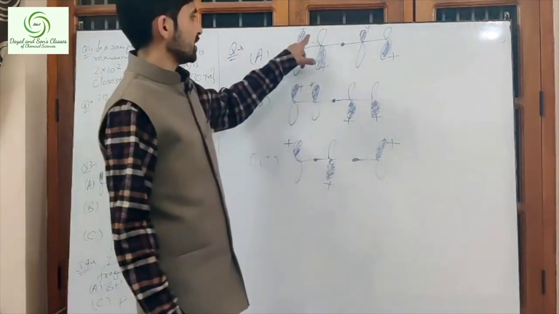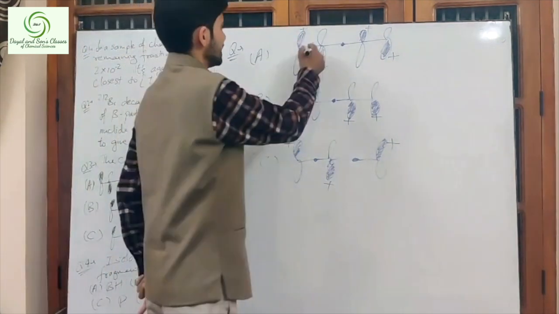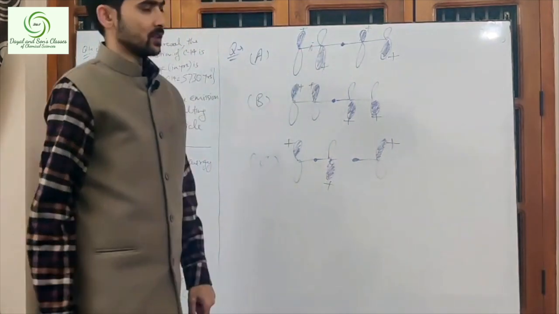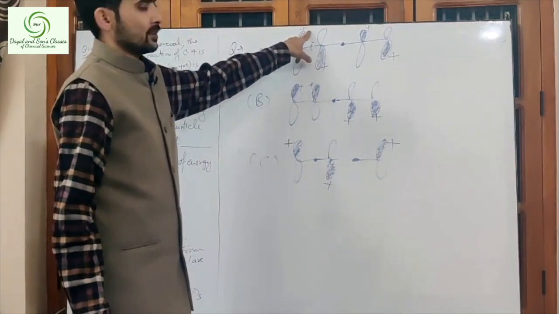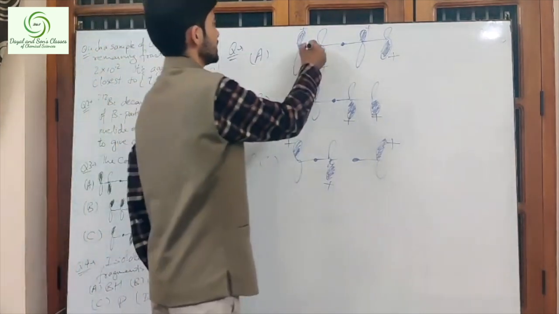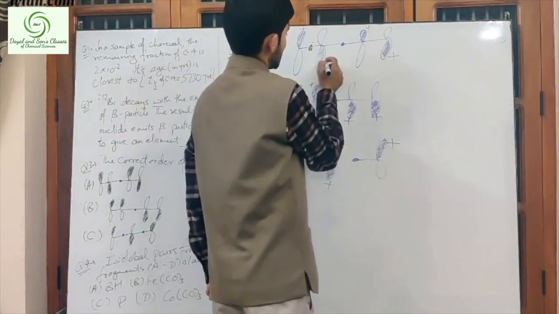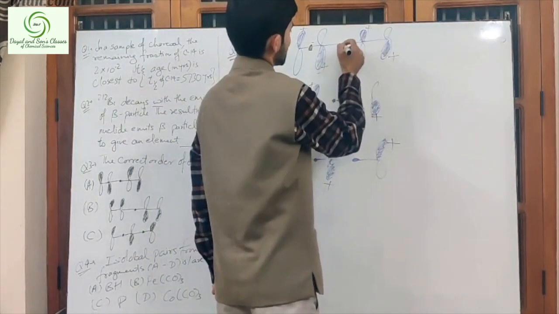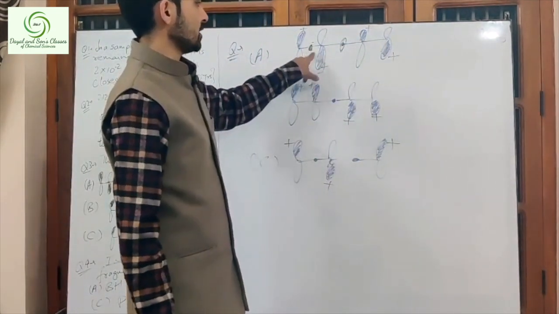Now if you see here, in the first case, case A, there is one node here. The sign is changing; here plus was up, here plus is down, so there is one node. Then again the sign is changing from plus to minus, so one node is this one. How many nodes do we have? 1, 2 so far.